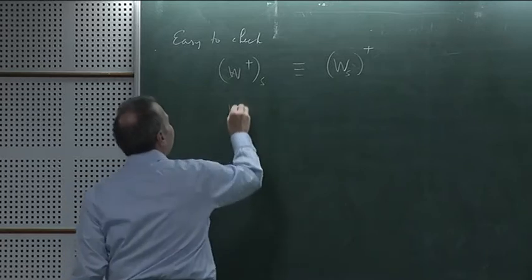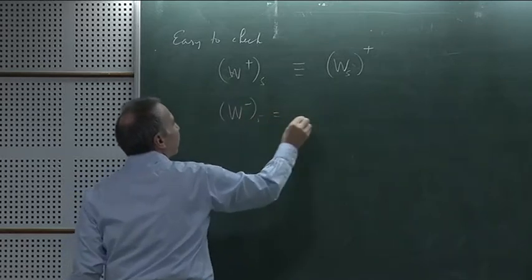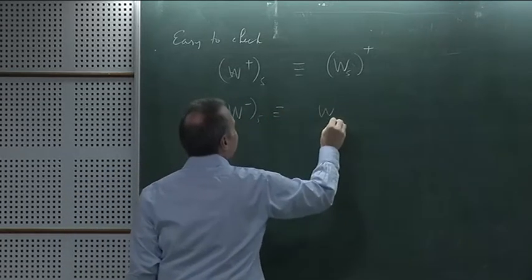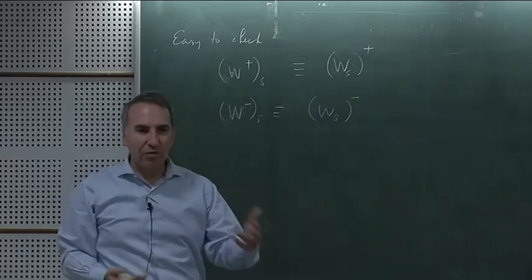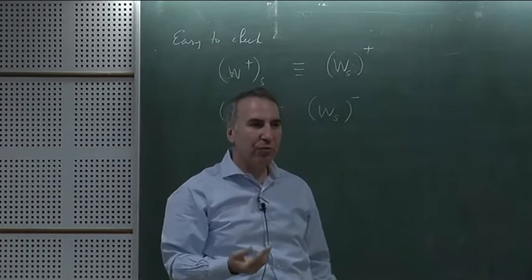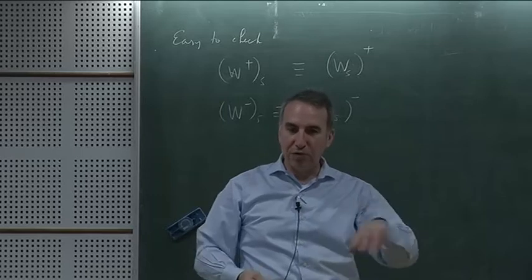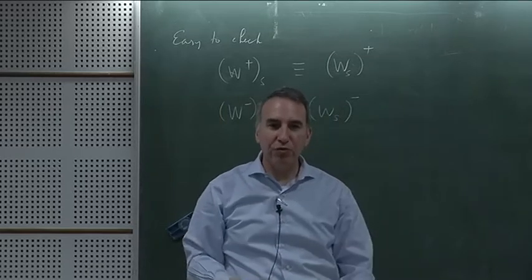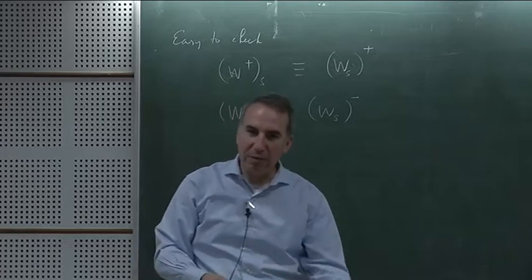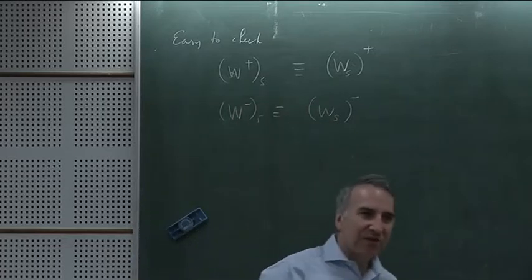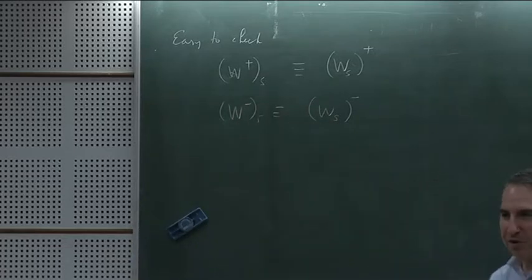And similarly, W minus symmetric is the same as W symmetric minus. Okay? So the polar operations and the symmetry operation are commutative. So which one you apply first and which one you apply second is irrelevant. You can symmetrize first and then polarize, or you polarize and then symmetrize. They're the same. Not too difficult to check. It's an exercise.